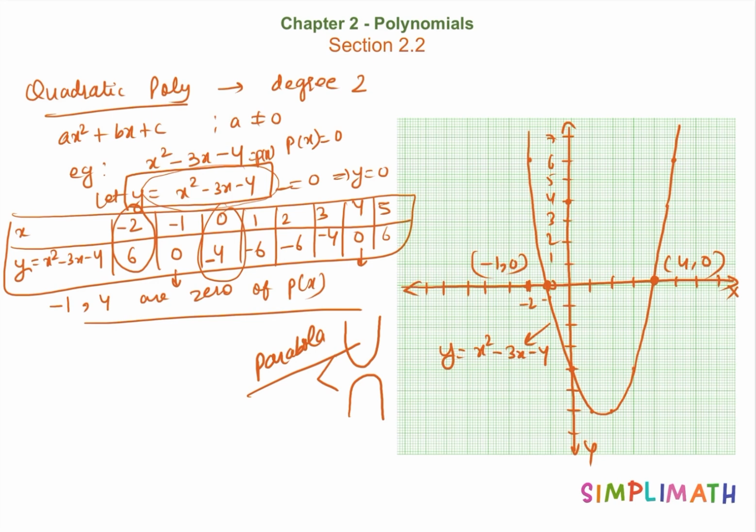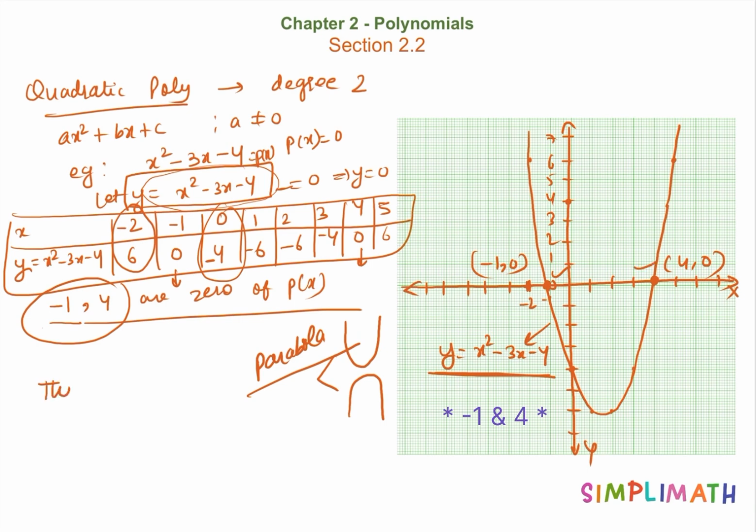Now you note that the zeros of the polynomial x square minus 3x minus 4 were minus 1 and 4, and the graph of the equation y equals x square minus 3x minus 4 intersects the x-axis at these points, minus 1 and 4.